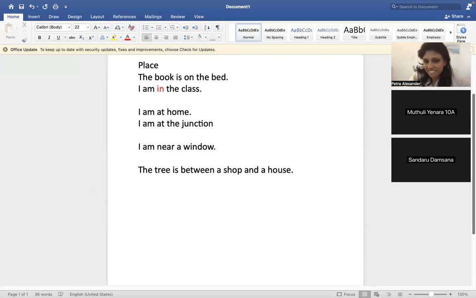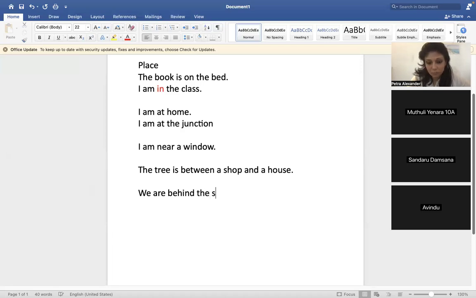What else? Behind. Yes, we are behind the school. අපි ඉන්නේ ඉස්කෝලේ පිටිපස්සේ. Next one, in front of. I am in front of the school.